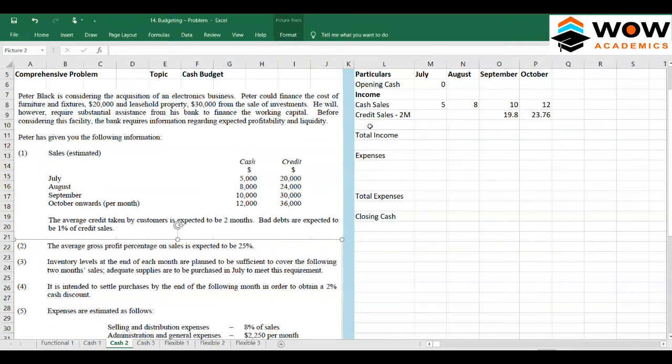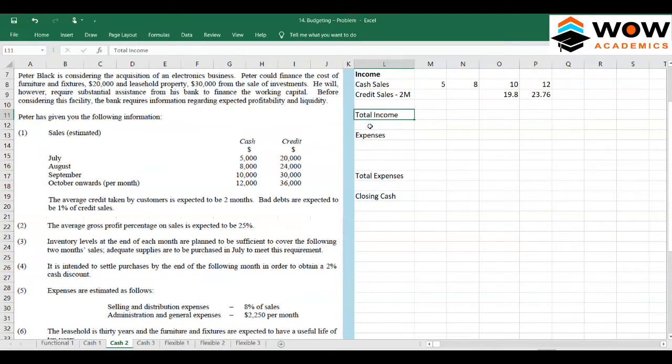Let's get the other items. I think that is the only total income there. So we'll go to the expense part. In expenses, we have purchases.